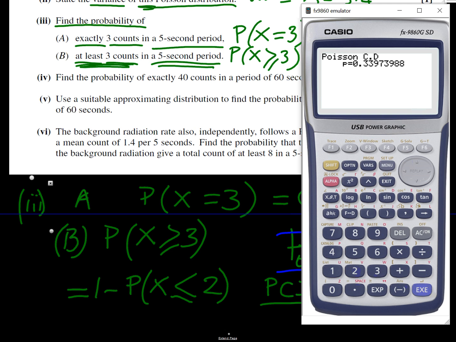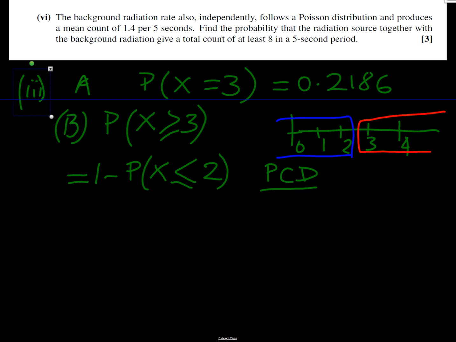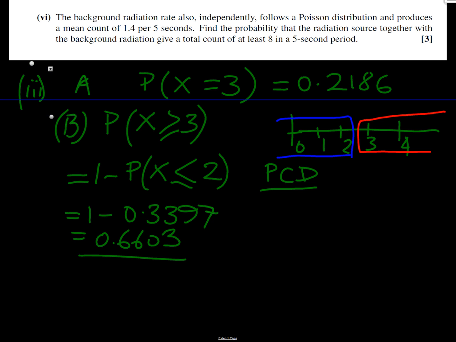Now we've got 0.3397 there, haven't we? And let's extend our page, which equals 1 minus 0.3397, which gives us a probability of 0.6603. So there we go, that was good. Those two were worth 5 marks, weren't they?